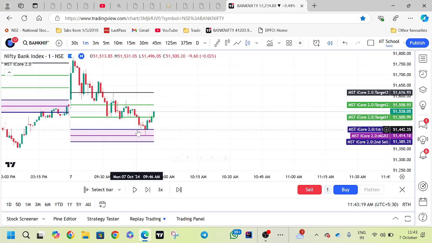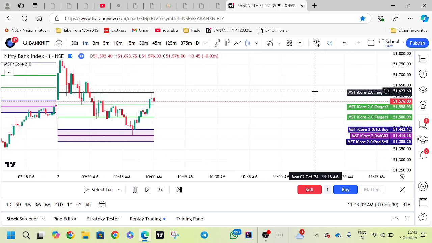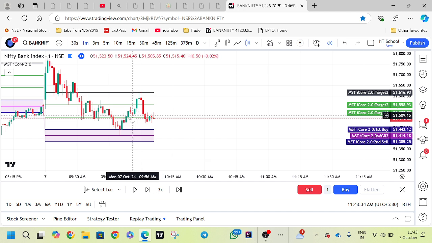D for demand, B for bottom, P for pivot. So this is the demand zone, the midpoint between first buy and second sell. So now, yeah, perfectly. First target hit, second target hit, third target also hit.